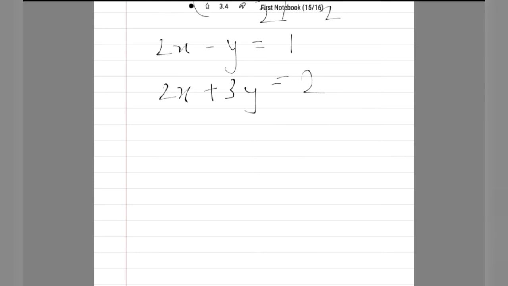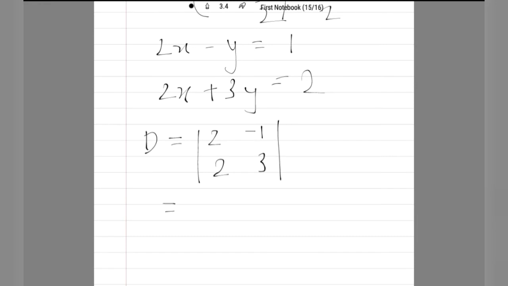First thing which we want to find is D, right? So D is equal to the determinant of the coefficients of x and the coefficients of y. So the coefficients of x are 2 and 2 and the coefficients of y are -1 and 3. So these are the two coefficients, right?